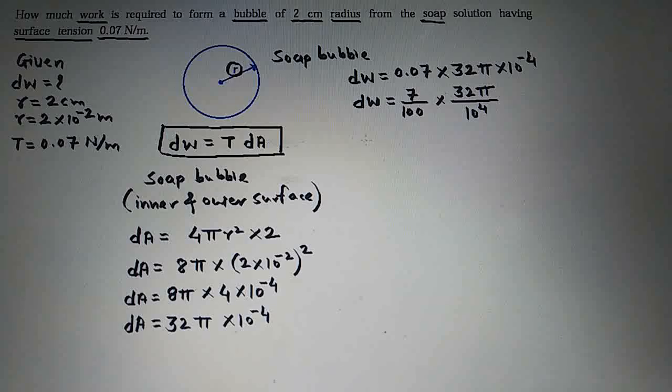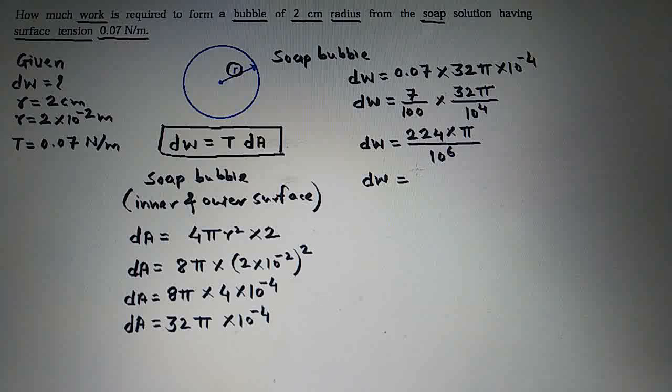Then we can write dW is equal to, what is 7 into 32, then it will be 224 into pi divided by this 10 raised to 2 into 10 raised to 4, it will be 10 raised to 6.